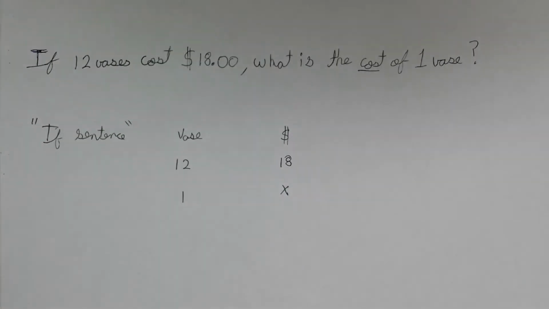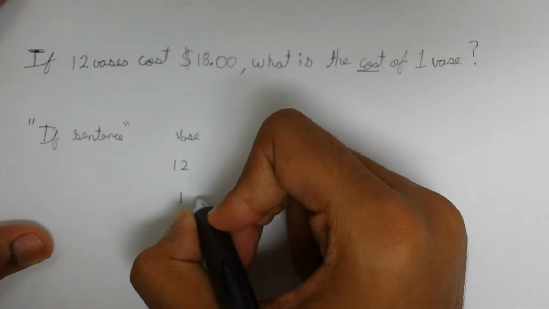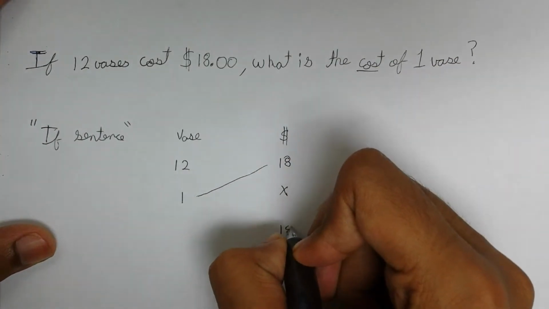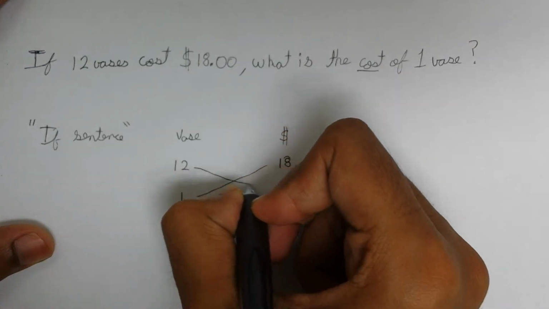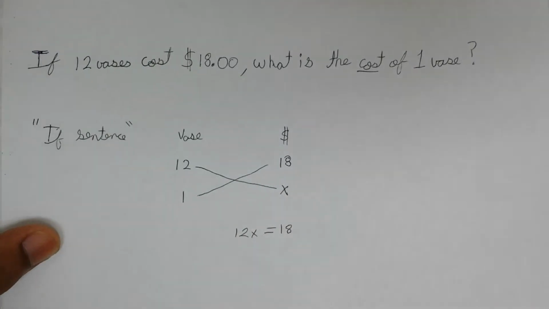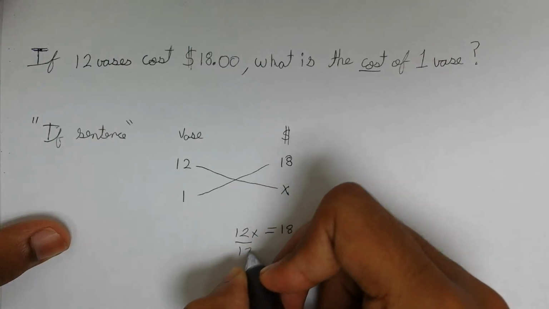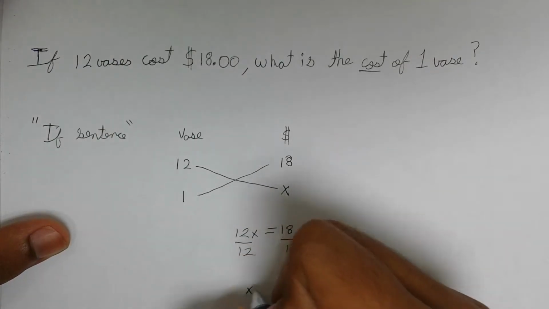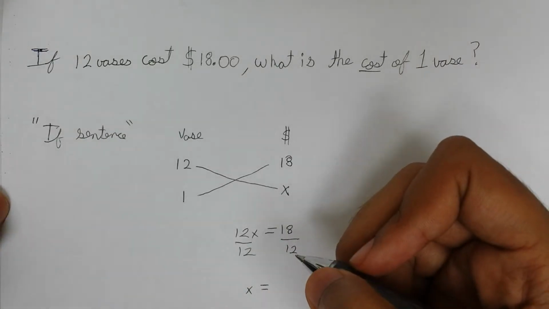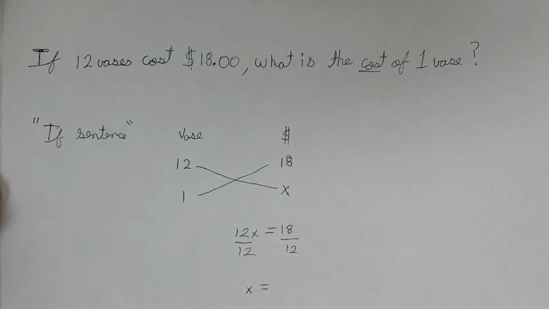Now, it's kind of like cross multiplying. So you go across: 18 times 1 equals 18. And then you do 12 times x, which is 12x. Then you divide by 12 and you would get a decimal.